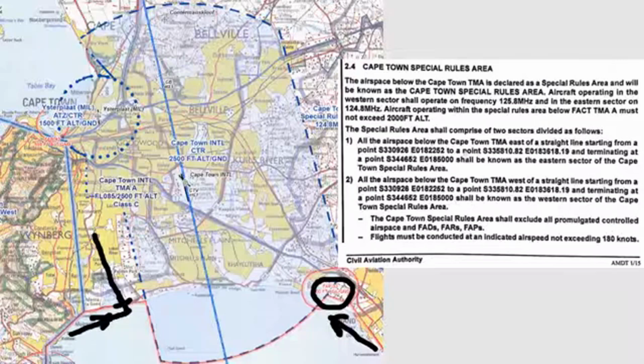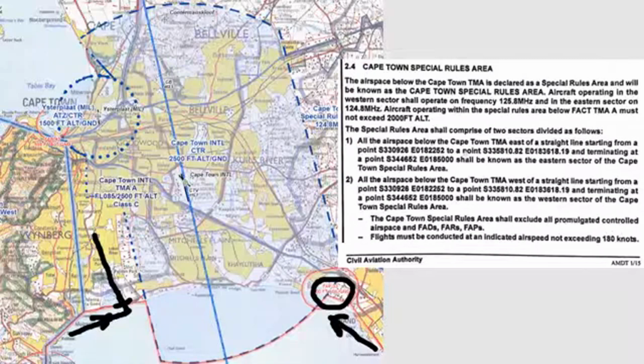Local reference points: Kenilworth Racecourse, Bottelary Hills, and seawards of the coastline for traffic wishing to join the Cape Town CTR. ATC will also use those reference points for traffic exiting the CTR.